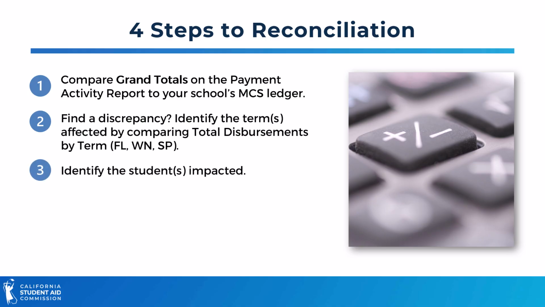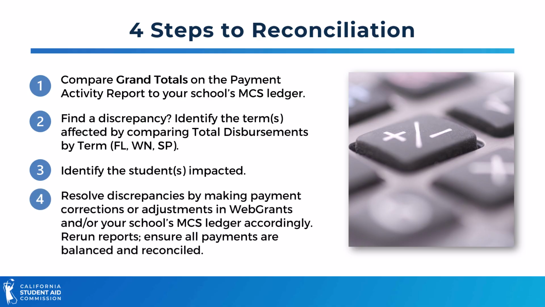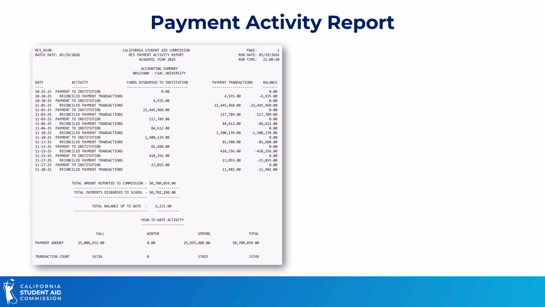Third, narrow it down further by identifying which students are impacted using the Student Reconciliation Report from Web Grants. And fourth, resolve discrepancies by making payment corrections or adjustments in Web Grants or in your school's financial aid management system. Let's take a closer look at each step in greater detail.